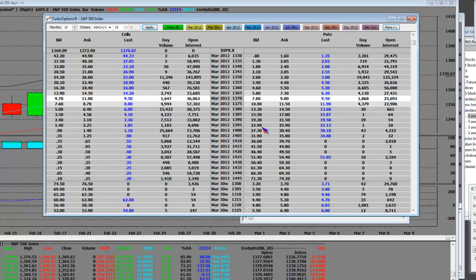They have big open interest here, 125,000 contracts at the 1350 put and 19,000 traded right here. That's this column. And they're monthly, and they expire next Friday.